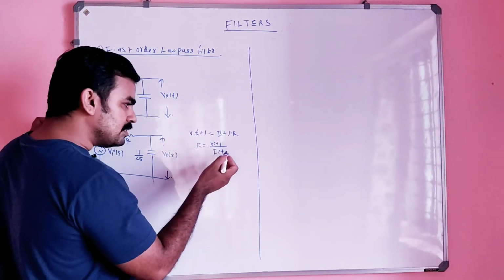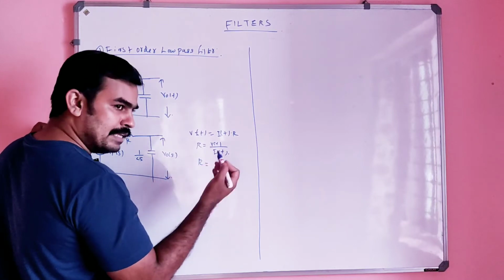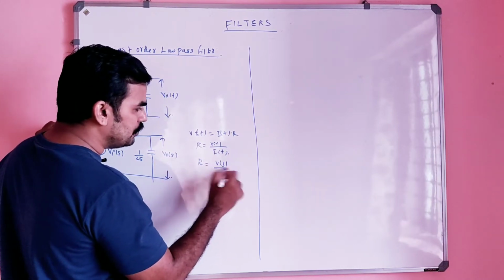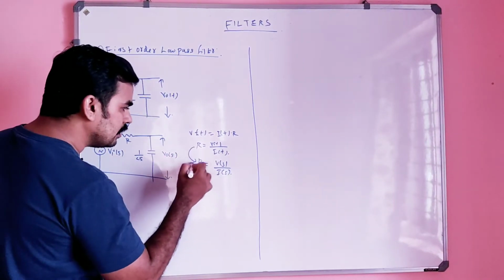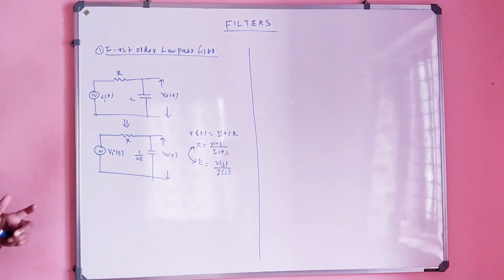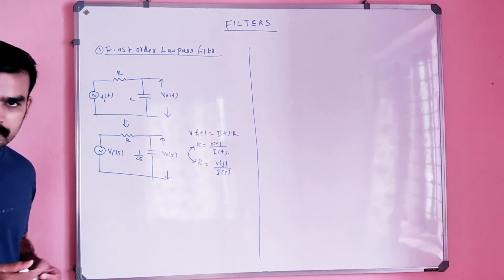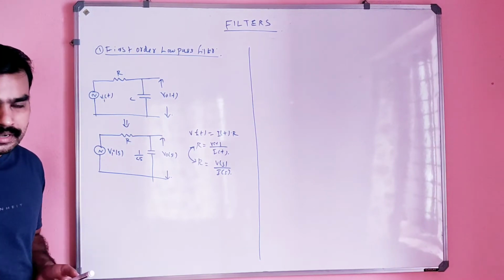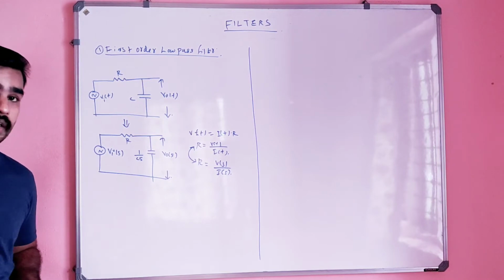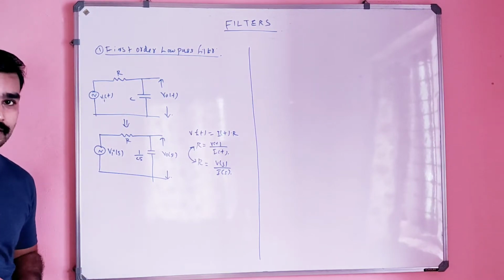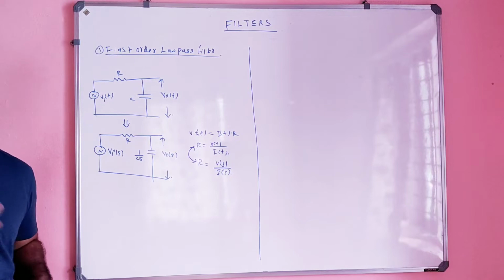If you transform the same into the Laplace transform, it is nothing but V of S by I of S. There is no change in R here, because R is a linear element and its value does not depend upon time. Its value may depend upon the temperature, but not upon time.